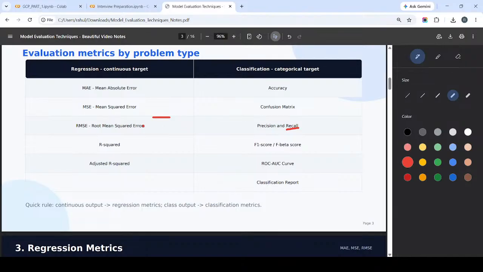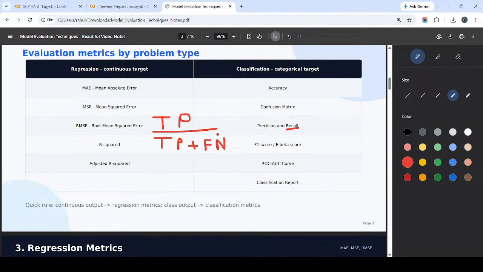So recall is true positives, that is correct positive predictions, to the total number of actual positives. That will be true positive plus false negative.